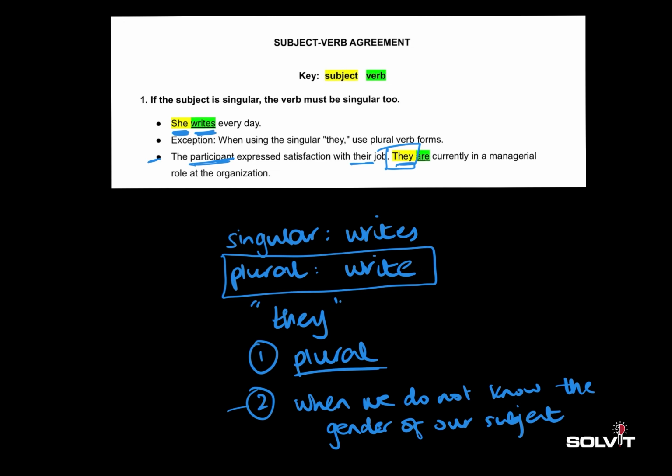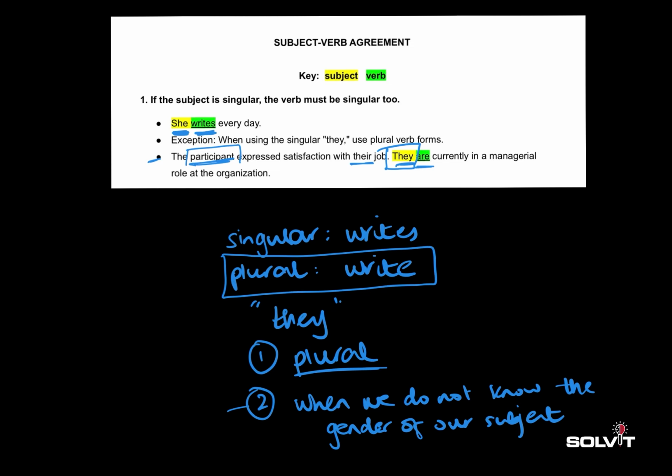But when we use the word they, then obviously they is the subject, and the verb must be in agreement with the subject, right? So then we're going to use the word are, which is plural. So when our subject is plural, our verb will also be plural, even if we're talking about only one subject, which is our participant over here.